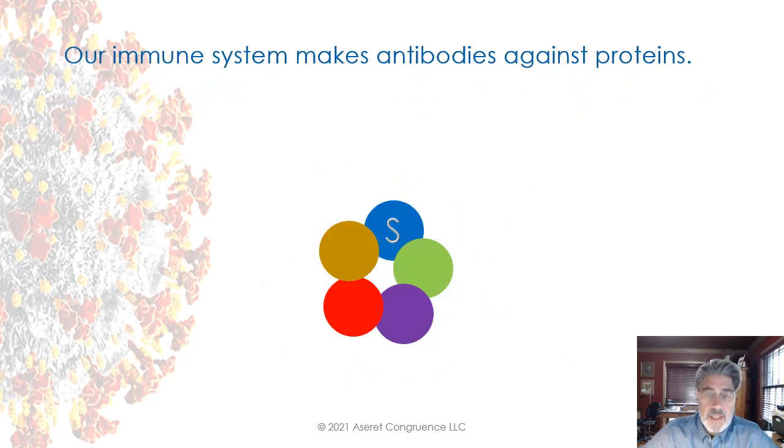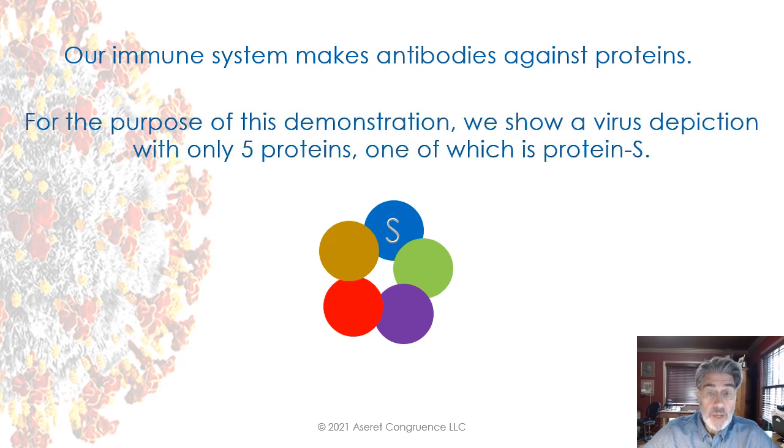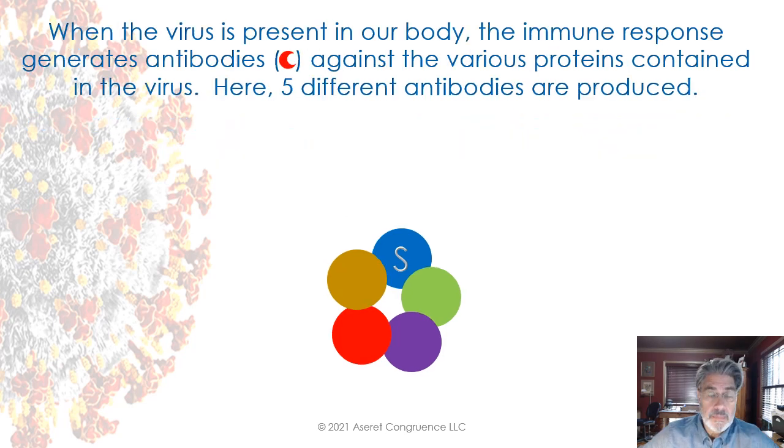So our immune system makes antibodies against proteins. So for the sake of this illustration or this demonstration, we're going to show you only, like you see here, 5 proteins. Just imagine that there's only 5 proteins on SARS-CoV-2, one of which, obviously, is protein S for the spike. Again, that's where the immune system needs to go to protect us.